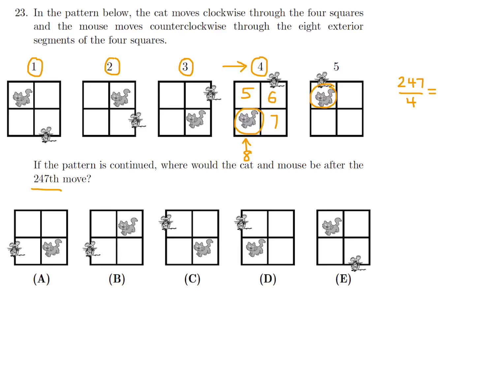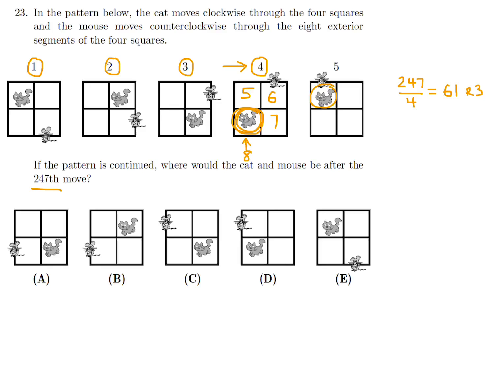And it's not. 244 is. So this would basically be 244 and a remainder of 3. So it would be like 61 with a remainder of 3, like that. So we're going to get here, right here, but then we're going to have to go 3 more because it's a remainder of 3.